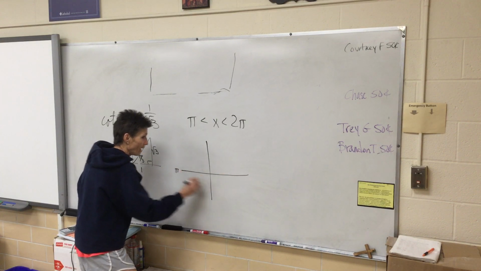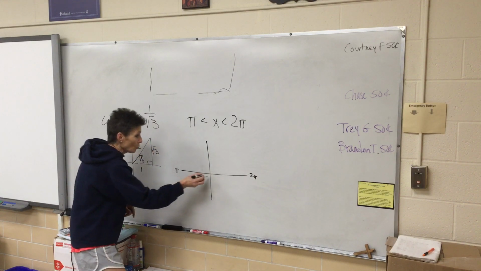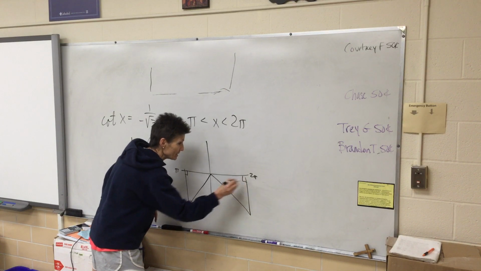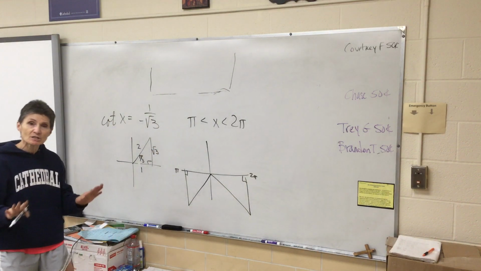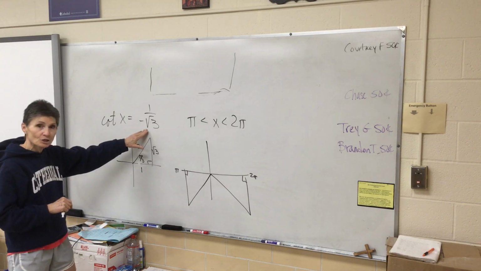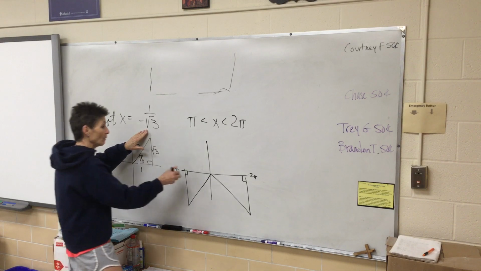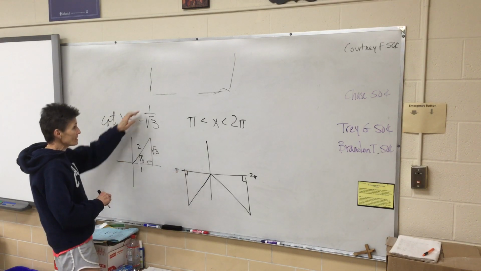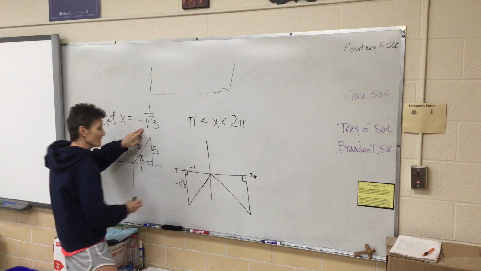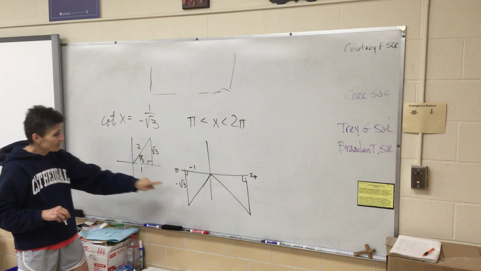So this is pi, this is 2 pi, this is my domain. So whatever triangles I draw have to be down here. No other place in this problem. I need the cotangent to be negative. Now, I want you to look what happens over here. This is adjacent over opposite. So this would look like this. Is the cotangent going to be negative in this quadrant?